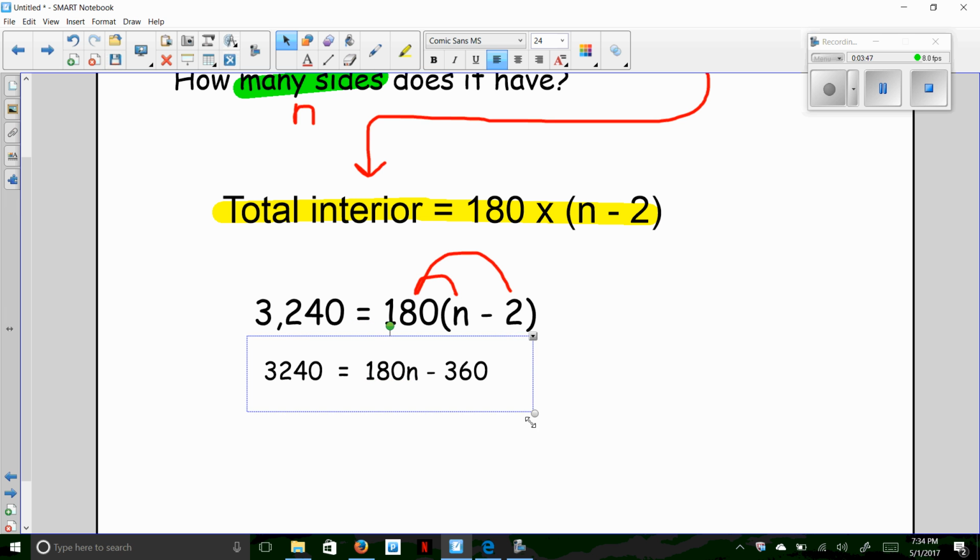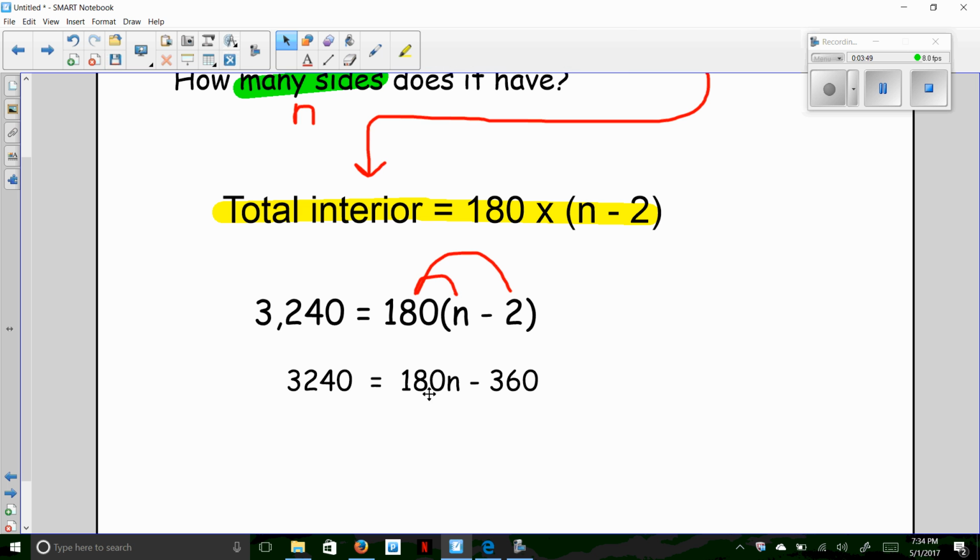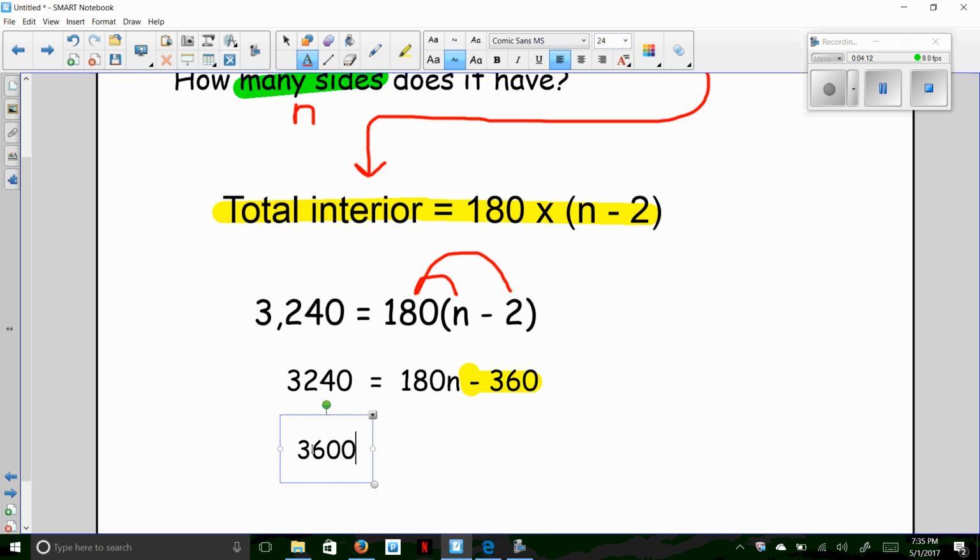From here, it's a two-stepper. I'm going to add 360 to both sides because this is a negative, so I have to do the opposite of it. I'm going to take my calculator, 3,240 plus 360, and I get 3,600. So 3,600 equals 180n.